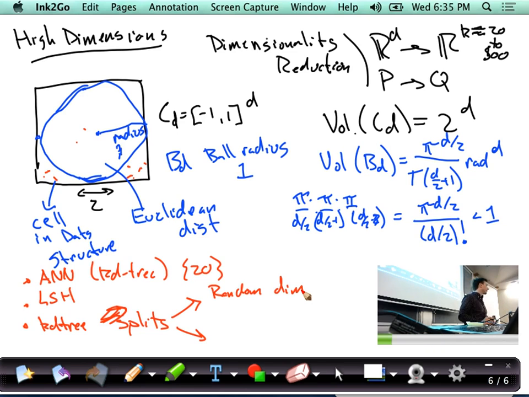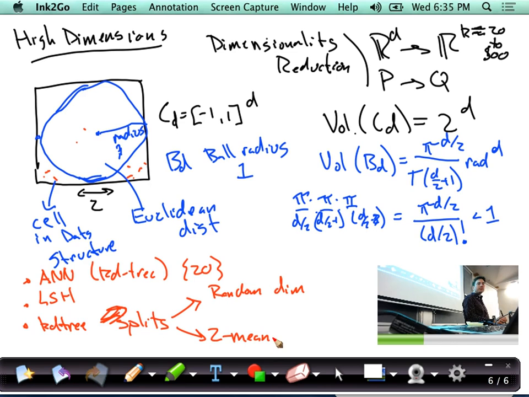So pick a random direction, take the median, and split that way. Now you can't just choose one random dimension. What you actually want to do is pick several of them, like 5 or 10, and then you figure out which one has the most variance and split based on that one. And so then your KD tree is no longer axis aligned, and it works pretty well.